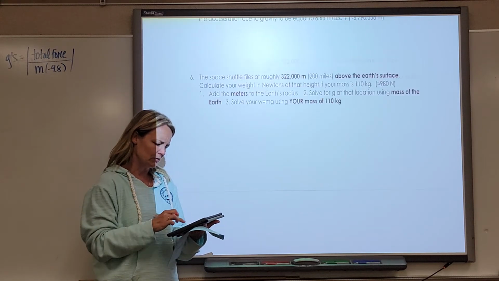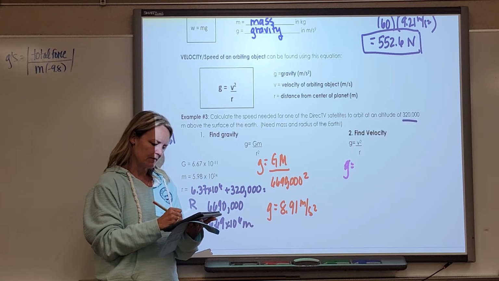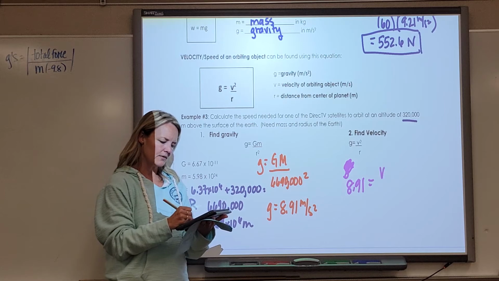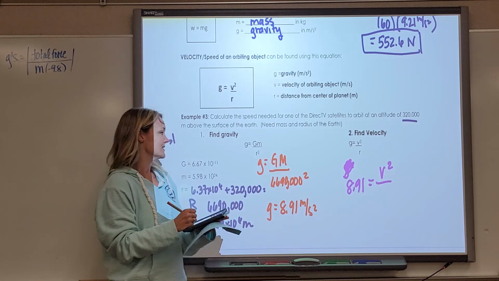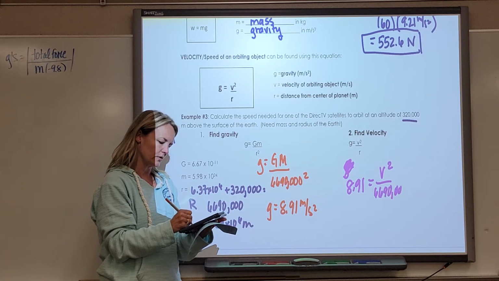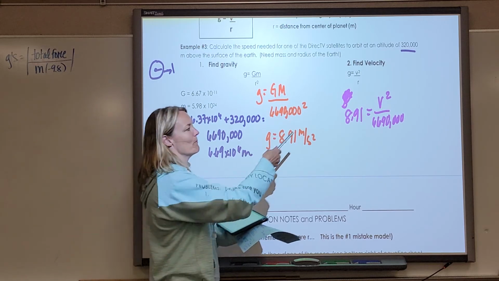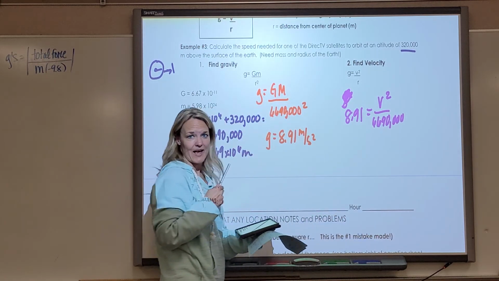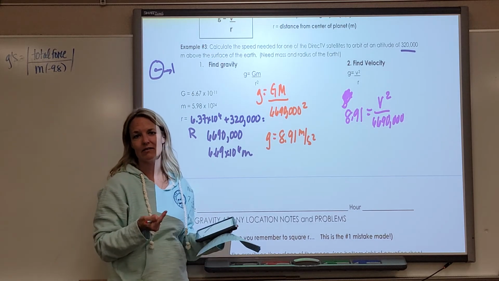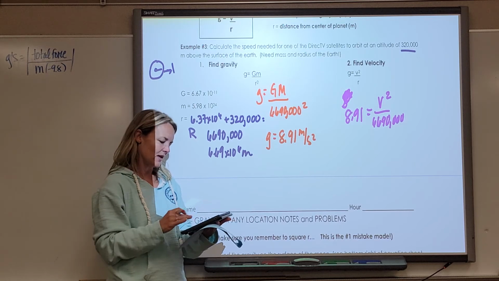So gravity, 8.91, is equal to v squared over r, same r as before, 6,690,000. First thing I need to do, I need to multiply this to the other side. So I need to get a big number, and then I'm going to leave that in my calculator because that's not v, that's v squared, so I will have to square root it at the end.